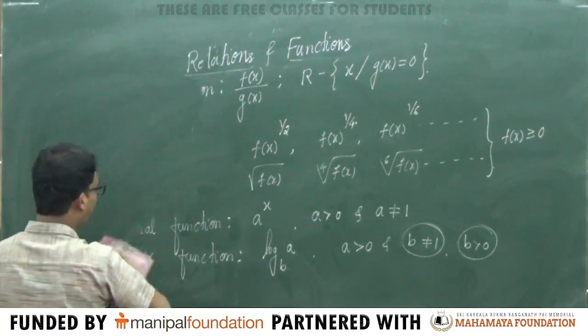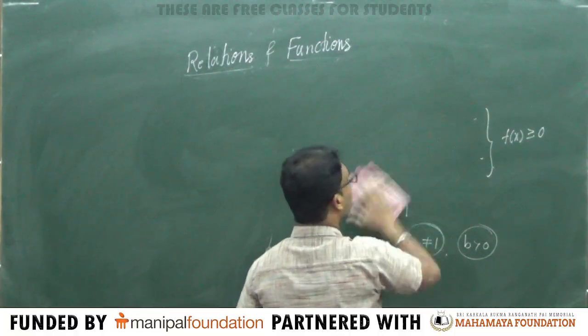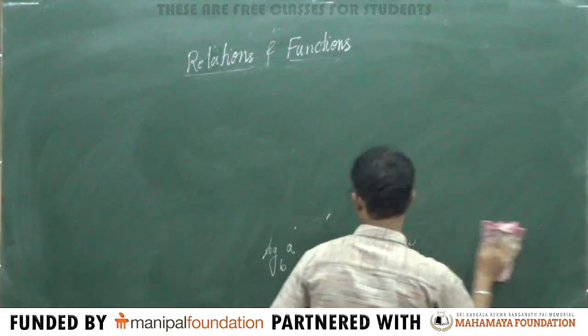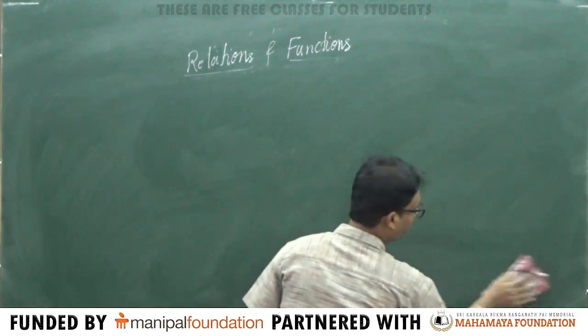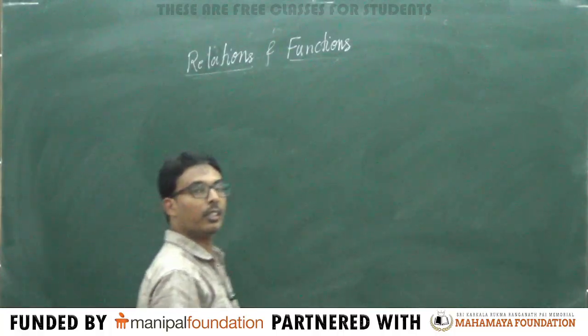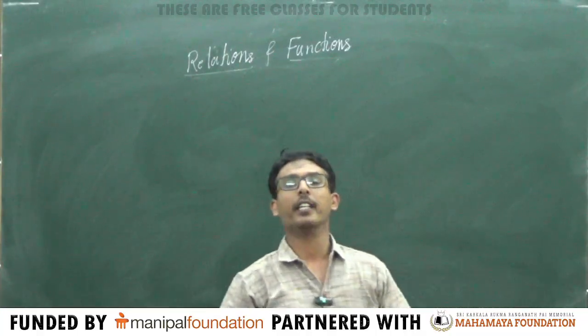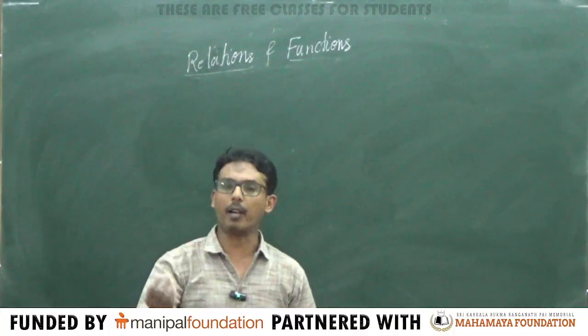Next concept is how to find the range of a function. To find the range of a function, there are two methods. One is to express x in terms of y.